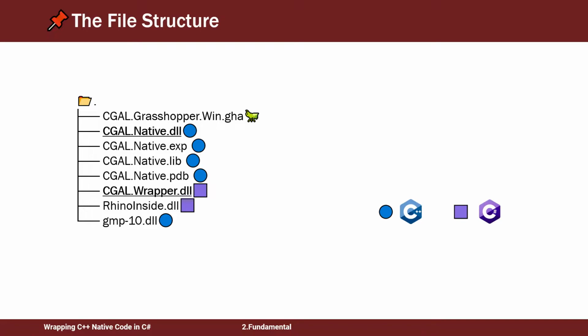So for this stage, just keep in mind that both the C++ and C# DLL should be in the same folder as the application file. That's the key idea.